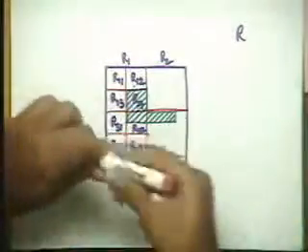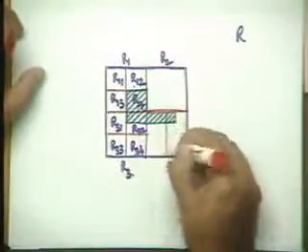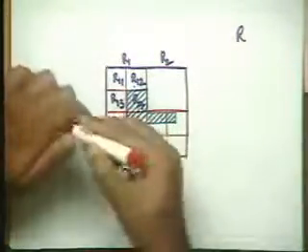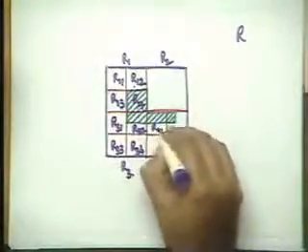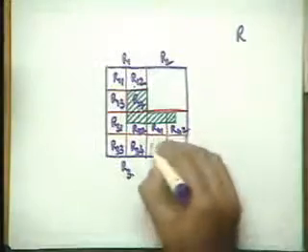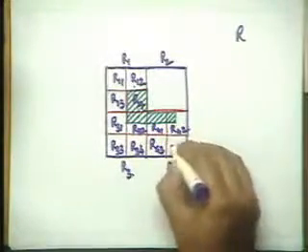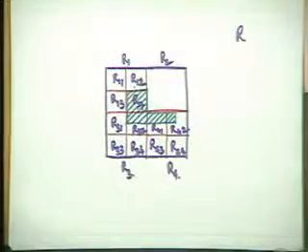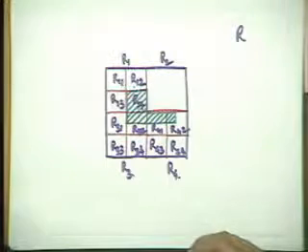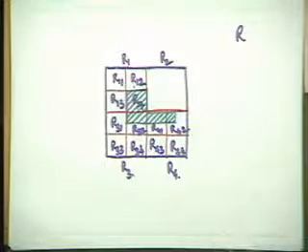For R4 I make 4 partitions, call them R41, R42, R43 and R44. Now I examine for which subregions I get P(Ri) as true.